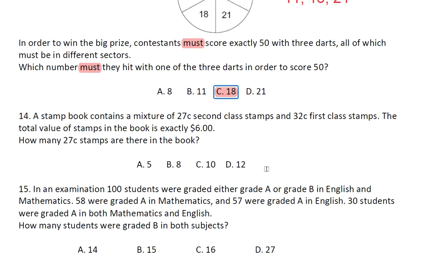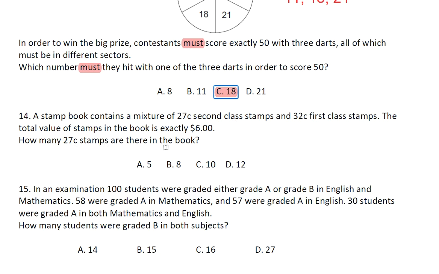This one, when I did it with students, I had a little bit of trouble with it. A good one to see if you can work out some multiplications that go beyond the times tables. A stamp book contains a mixture of 27-cent second-class stamps and 32-cent first-class stamps. The total value of stamps in the book is exactly $6.